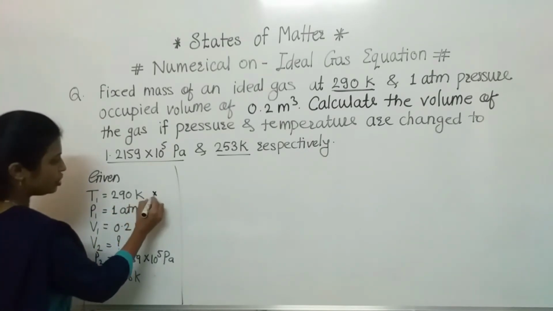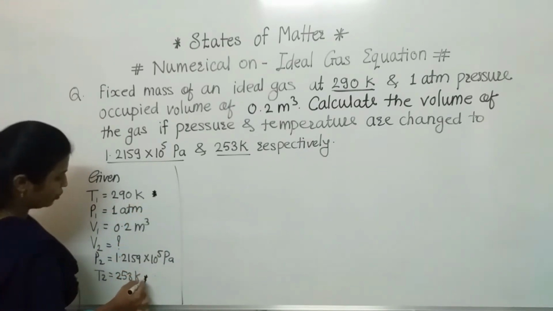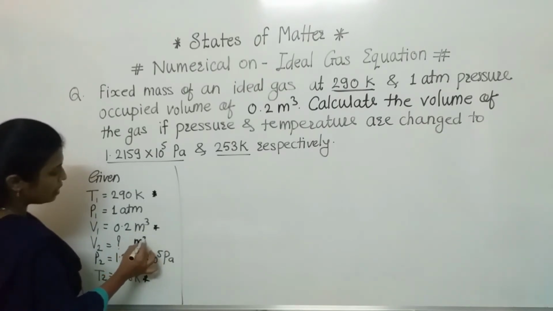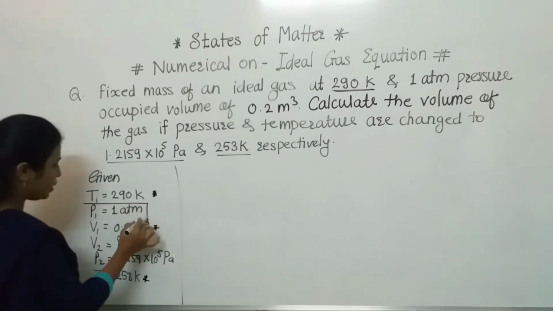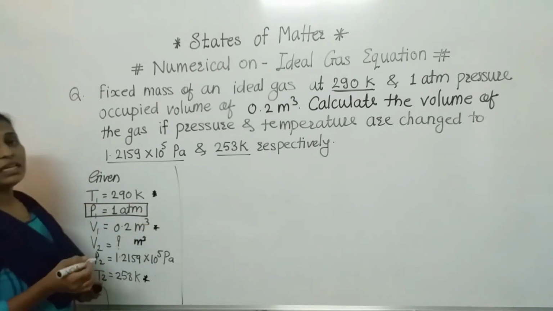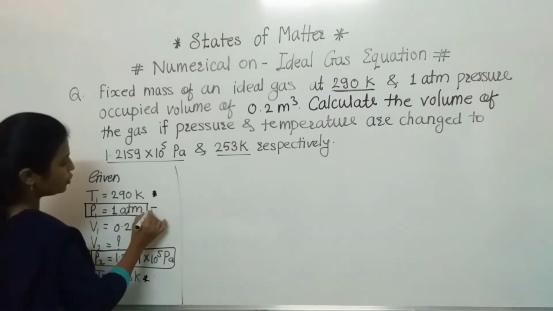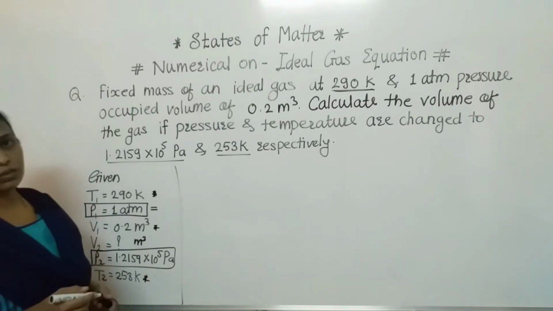See, the temperatures are both given in Kelvin. Volume is given in meter cube. That also we will get in meter cube. But P1 is given in atmospheric pressure, and here P2 is given in Pascal. So we are going to convert into Newton per meter square.